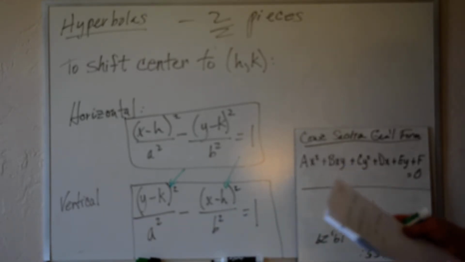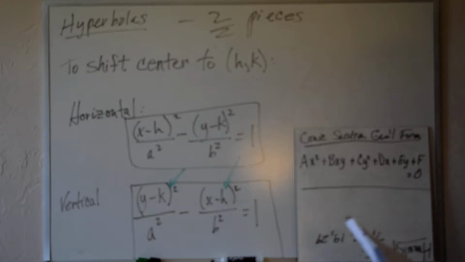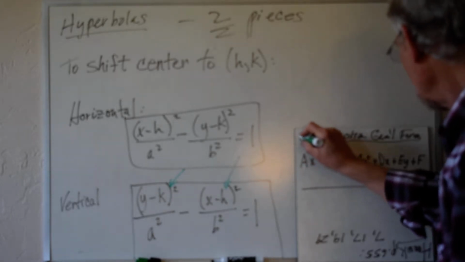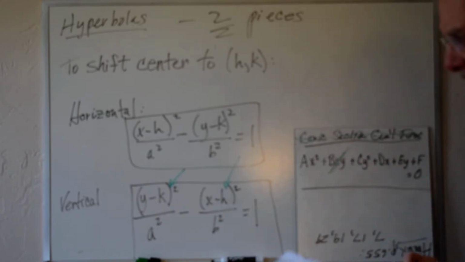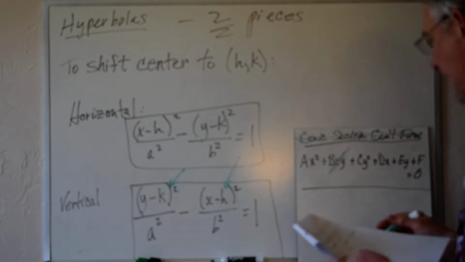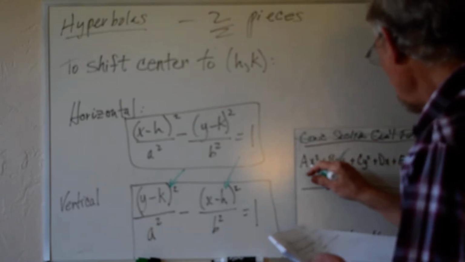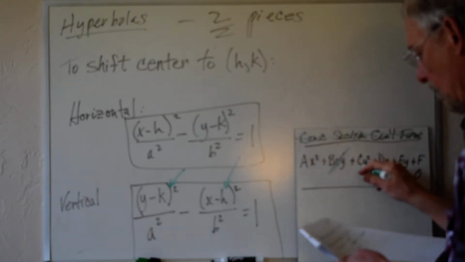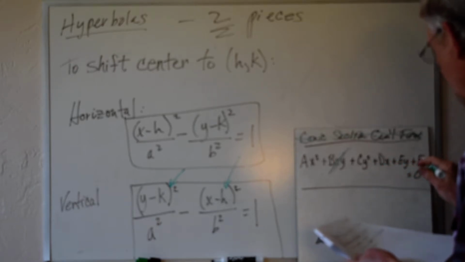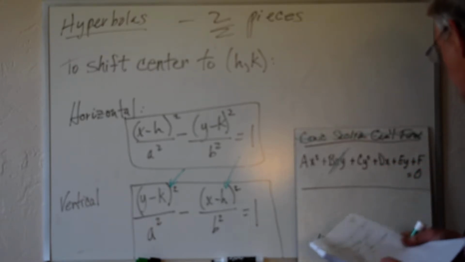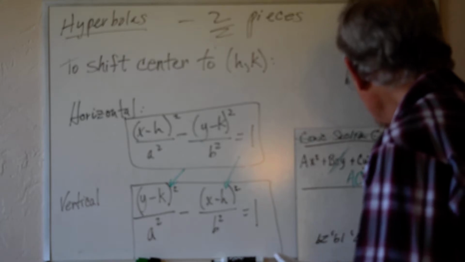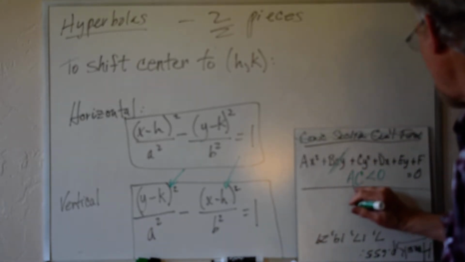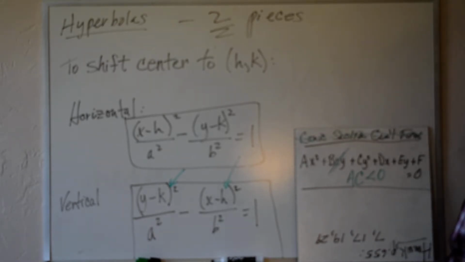So, the standard form for hyperbola, we take our general form. Of course, the xy term is gone. We've never seen that all day. We're going to have the x squared term, the y squared term, x term, y term, constant term equals 0. And we're going to have the requirement that A and C have opposite signs. One will be positive, one will be negative.